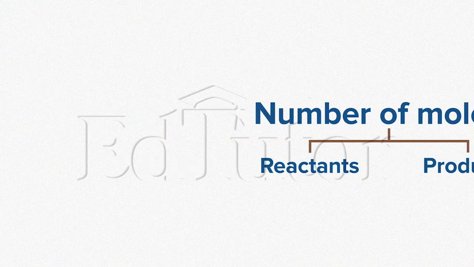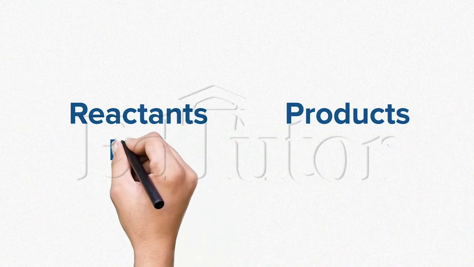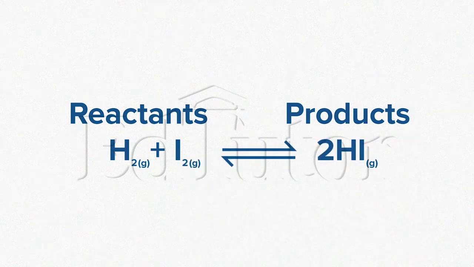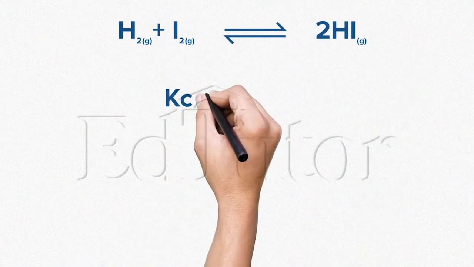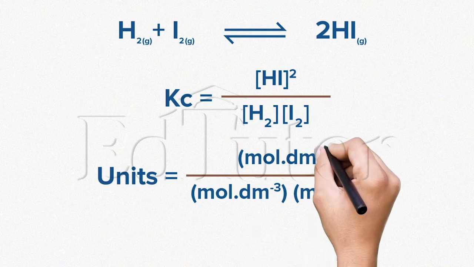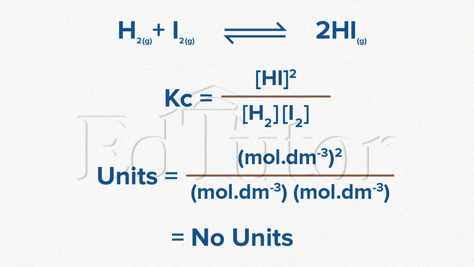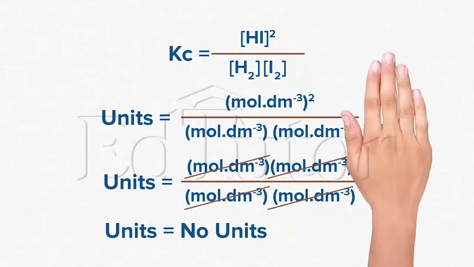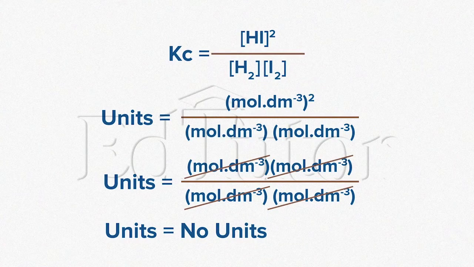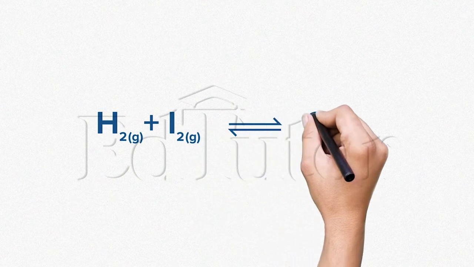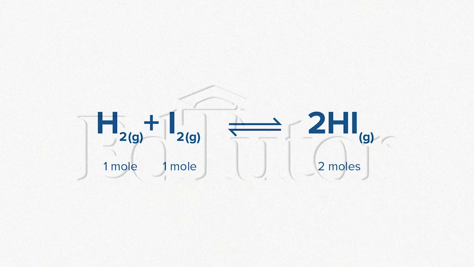Let's first observe a case for reactions with an equal number of moles on the reactant side and the product side. Kc has no units in a reaction with an equal number of moles on both sides of the equation. This is because the concentration units cancel out when we express Kc. Here's an example on the screen, where 1 mole of hydrogen reacts with 1 mole of iodine to give 2 moles of hydrogen iodide.